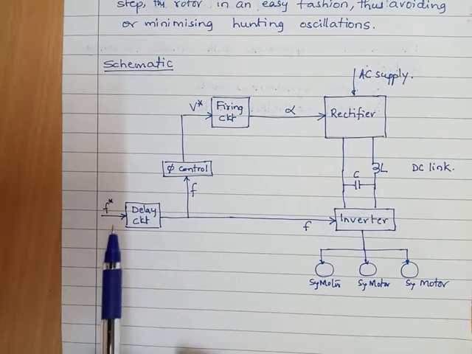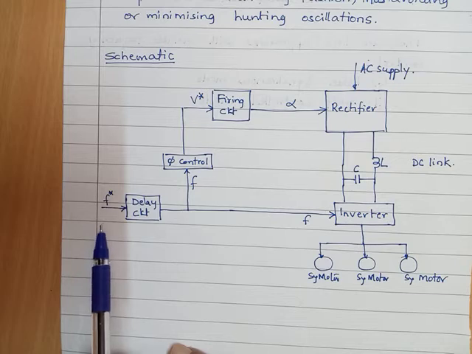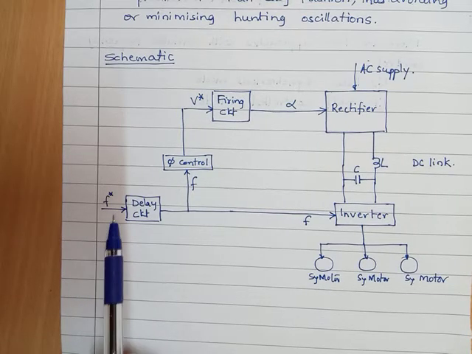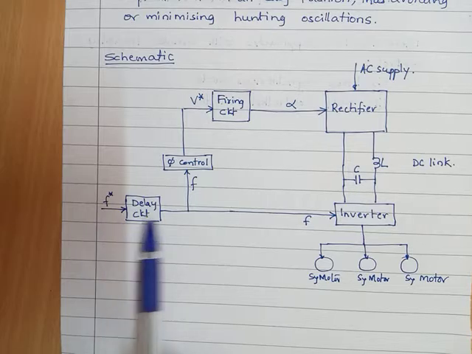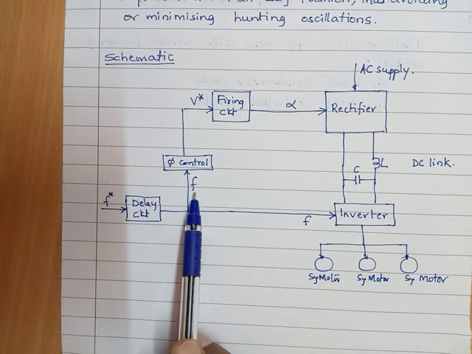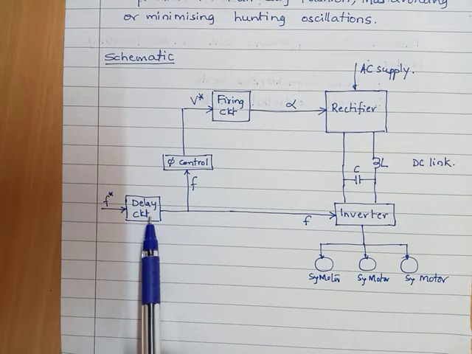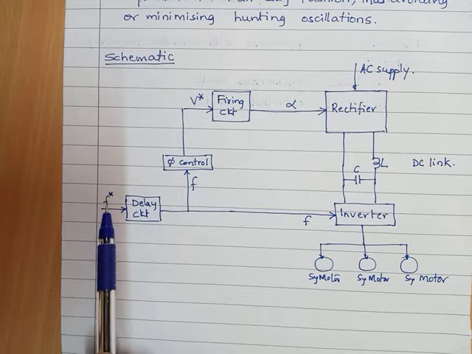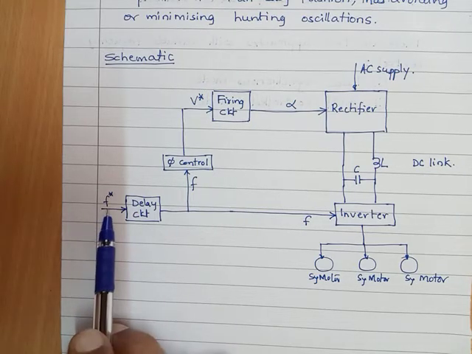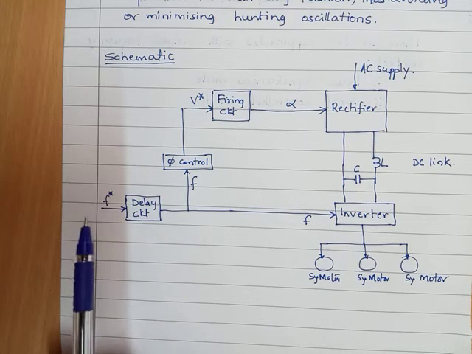It is the frequency that we want to have, the reference frequency. Then, using this reference frequency, the required frequency F is obtained with a delay. And this frequency itself is generated using an independent oscillator.